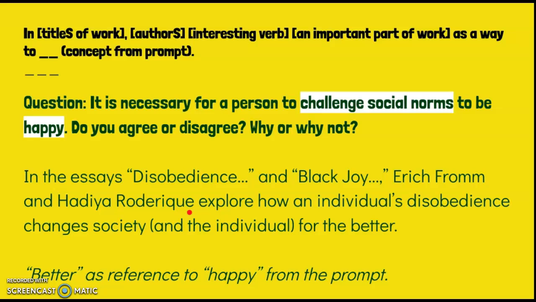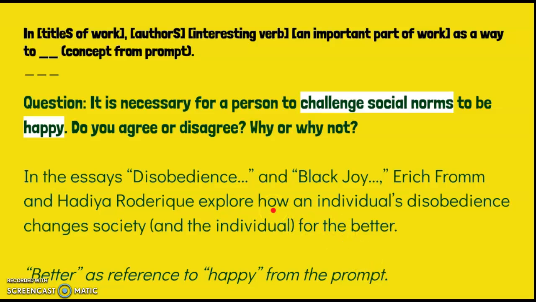Here, in the essays "Disobedience as a Psychological and Moral Problem" and "The Case for Black Joy," Eric Fromm and Hadia Roderique explore how an individual's disobedience changes society and the individual for the better. Okay, so better is a reference to happy from the prompt.